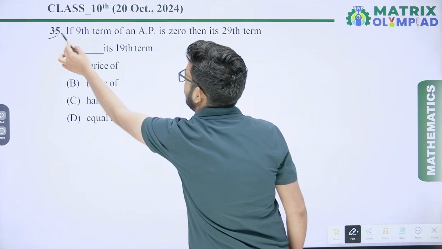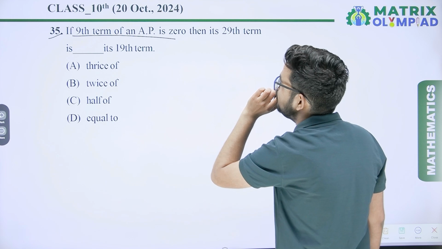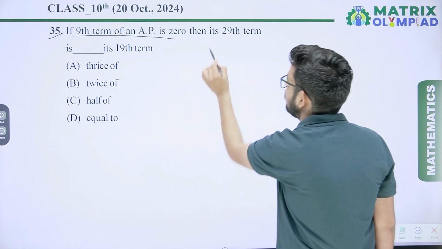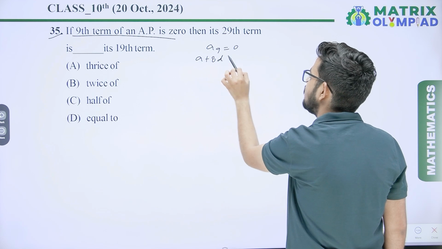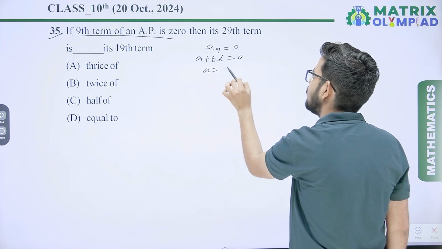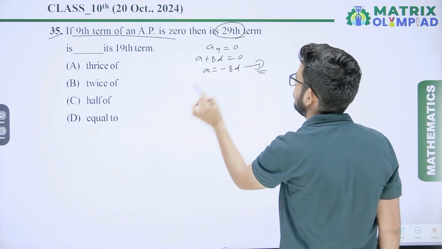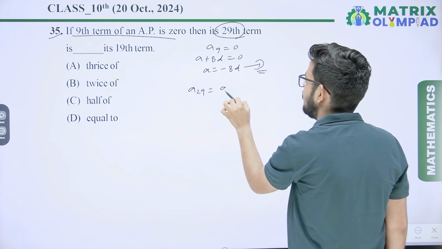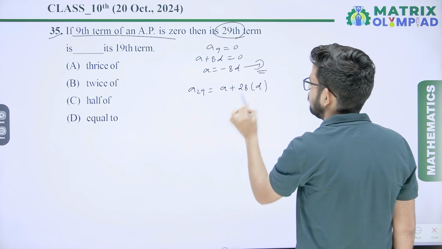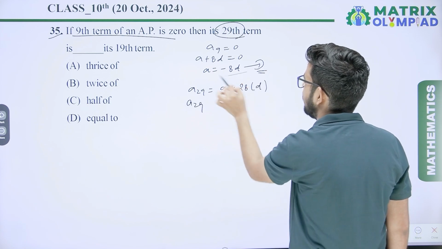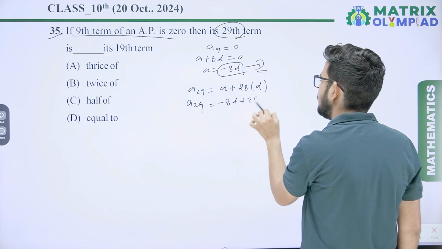Question number 35. The 9th term of an AP is 0, then its 29th term is what of its 19th term? Okay, A9 equals 0, it means A plus 8D equals 0. So from here the value of A equals minus 8D. Now find the 29th term, A29, it is A plus 28D. Put A equal to minus 8D, so you will get minus 8D plus 28D.